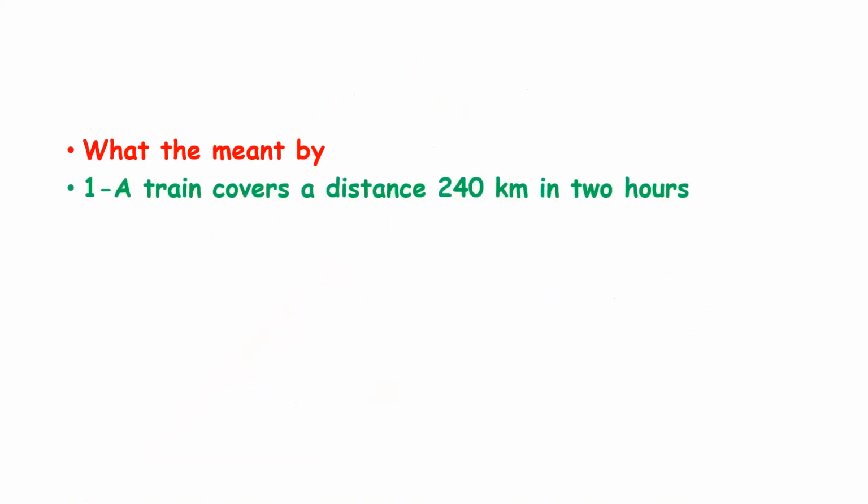Okay. So if I ask what is meant by a train covers a distance of 240 kilometers in 2 hours. Myrna, what is meant by a train covers a distance 240 kilometers in 2 hours? You are going to define speed. You have distance and you have time.